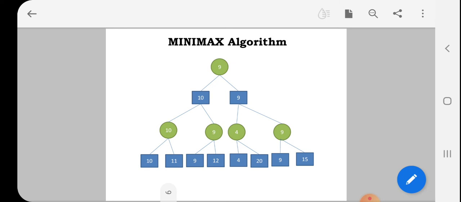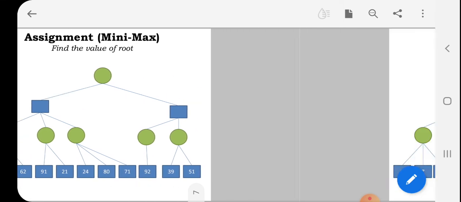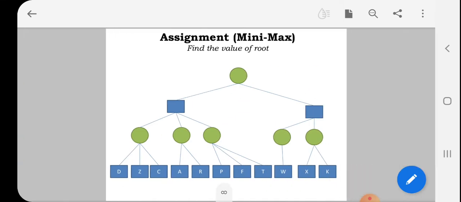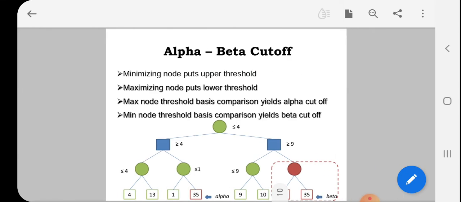Sometimes for a bigger game where so much branching occurs and the depth of the game is greater, simple minimax strategy may not work properly, and in that case we have a thresholding concept. That thresholding concept is based on the alpha-beta cutoff strategy, where the maximizing node puts the lower threshold and the minimizing node puts the upper threshold.